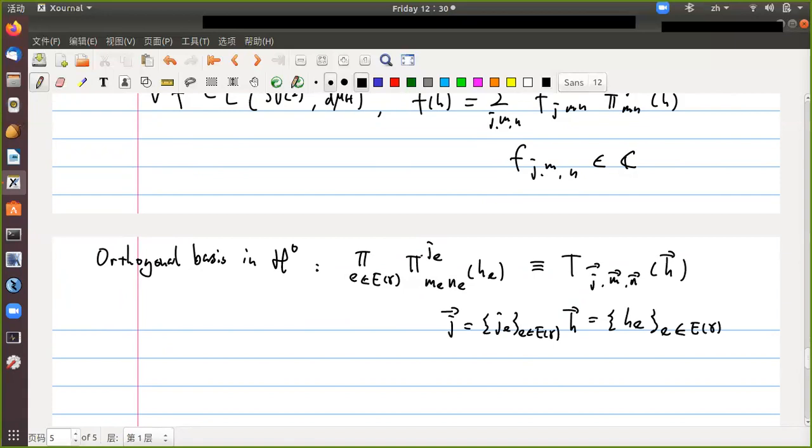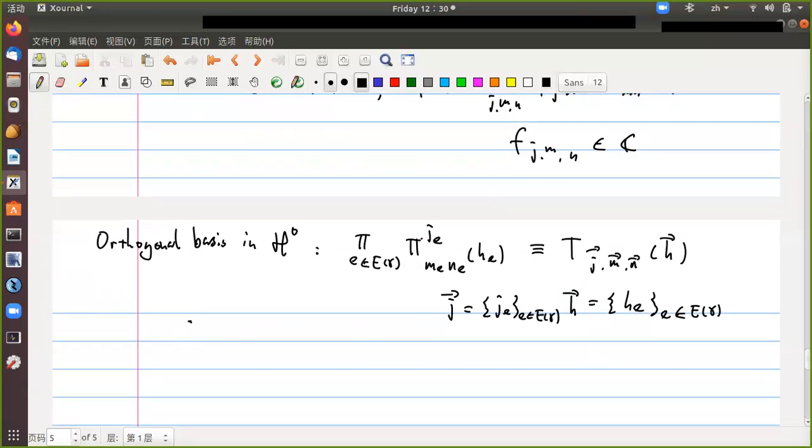All right, and you can consider the inner product on H0. The inner product of H0 is just given by the product of the Haar measure, because they are just copies of the same Hilbert space.